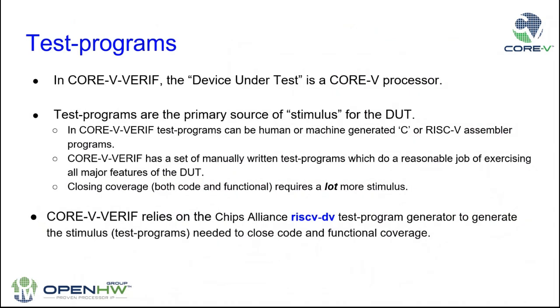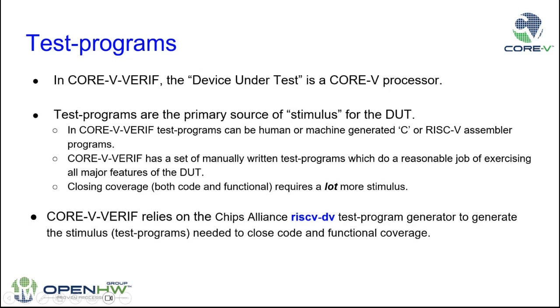Okay, a little bit more about test programs. The device under test in our environment is the Core5 processor. Core5 is our branding for the family of open source RISC-V cores that we produce. And when you're developing a processor core, it's probably not a surprise that test programs are the primary source of stimulus for the DUT.